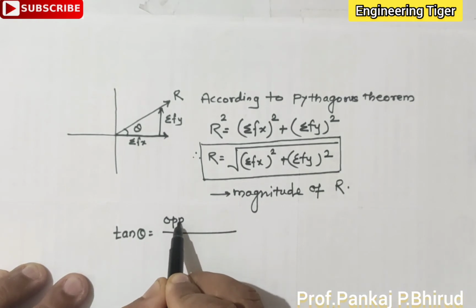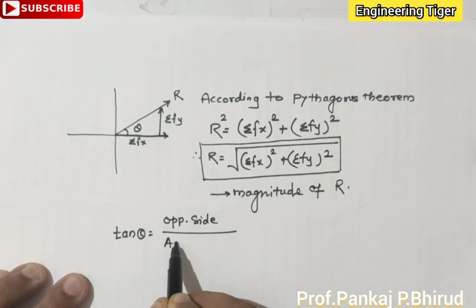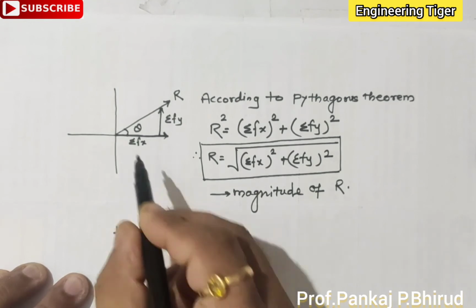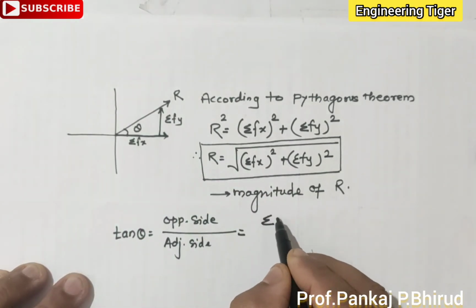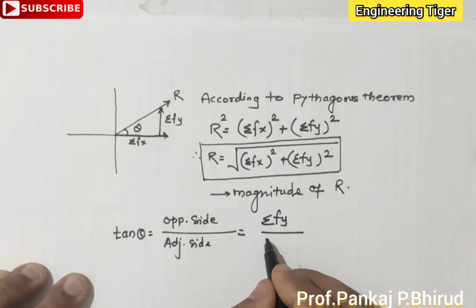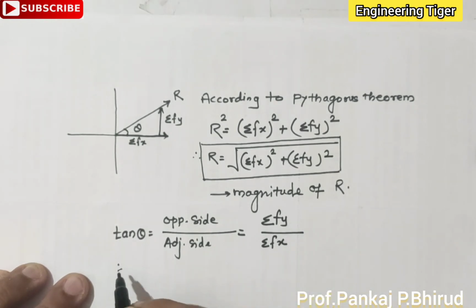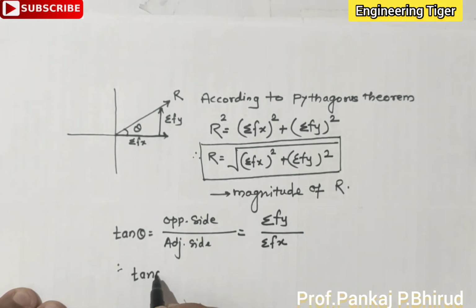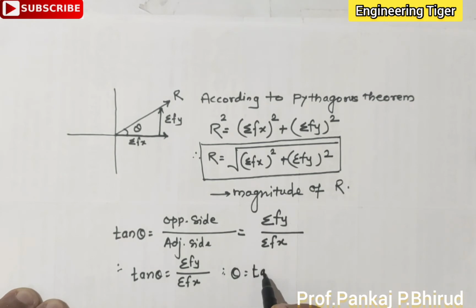The opposite side is sigma Fy, so tan theta equals sigma Fy upon sigma Fx. So theta equals tan inverse of sigma Fy upon sigma Fx. This is the direction of R.